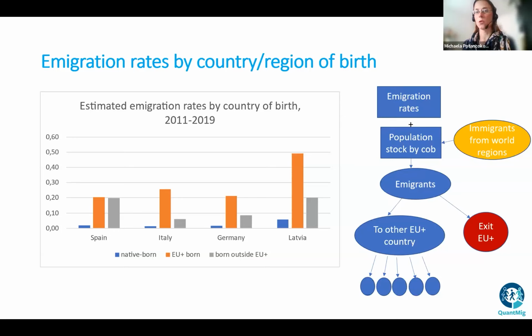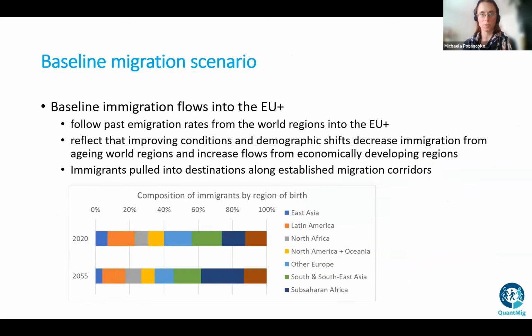And then we have to, of course, make assumptions about immigration from the rest of the world regions, right? Because this European system of migration is running through this immigration rate. So immigrants from some countries become emigrants from others. And we then make scenarios of specifically this immigration from the other world regions.